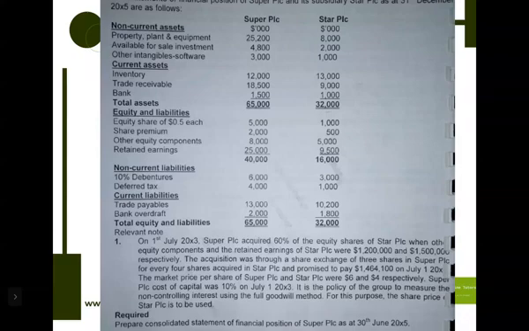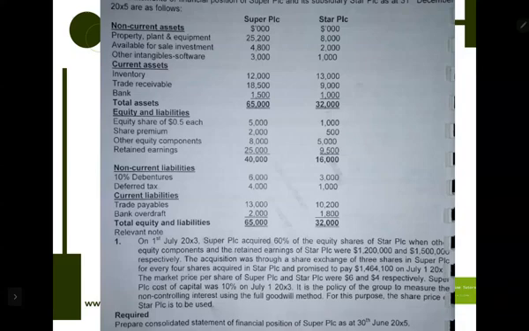The acquisition was through a share exchange of 3 shares in Super for every 4 shares acquired in Star PLC, and promised to pay 146 for 100 on July 1st, 20x5. The market price per share of Super PLC and Star PLC were 6 naira and 4 naira respectively.